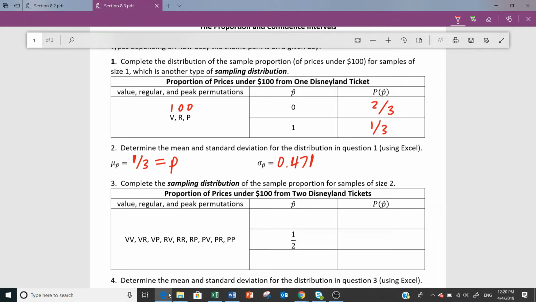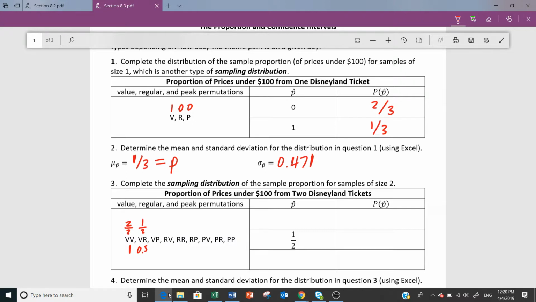So this one here is 2 out of 2 total. What about V and R? Good. It's 1 value that's under 100 out of 2 total. So this one gets a 1, this one gets a 0.5. Basically, what are you doing? You're counting the number of V's. So this is 1 V out of 2 values, this is 1 V out of 2 values, this is 1 V out of 2 values, this is 0 V's out of 2 values.